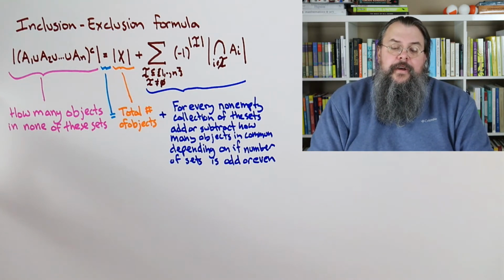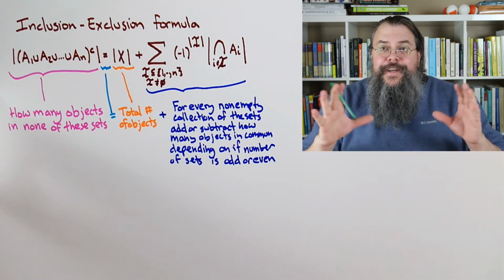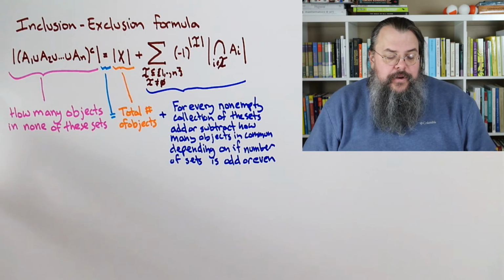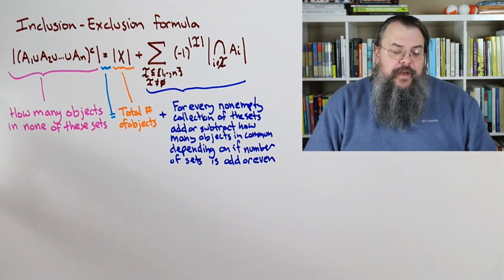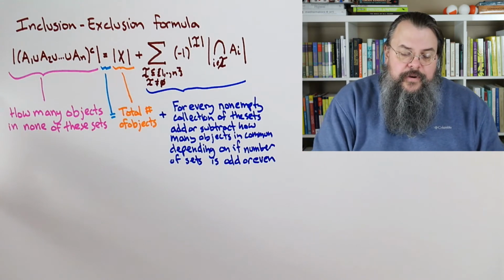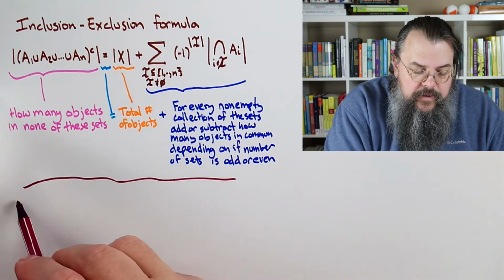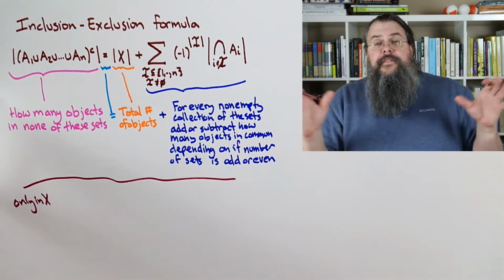All right. Let's try to understand this a bit. How does this work? Well, there are a couple of cases. Suppose, for a second, something here is only in X, not in any of the sets.